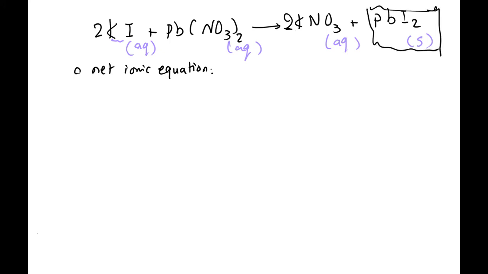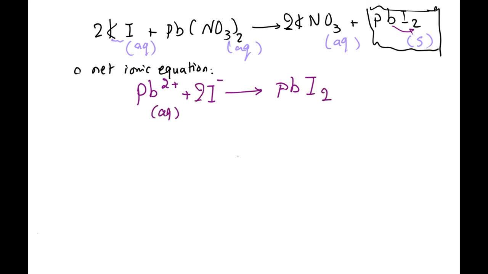This will be enough to write a correct ionic equation. So lead iodide, so I have lead positive ion, you get the valency from here, plus iodide negative ion, it lies in group 17 and has a valency of 1, form lead iodide, PbI2. To make it balanced, put here 2. Aqueous, aqueous, and this one is solid.